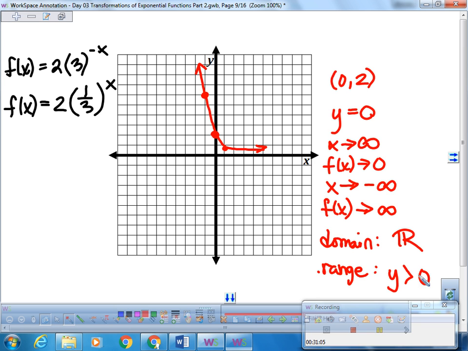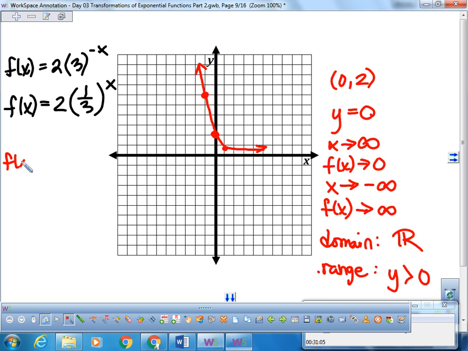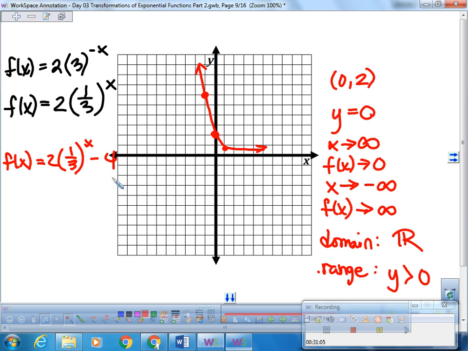What if this was f of x equals 2 times 1/3 to the x minus 4? How would that change this? What would my new range be if this was negative 4?